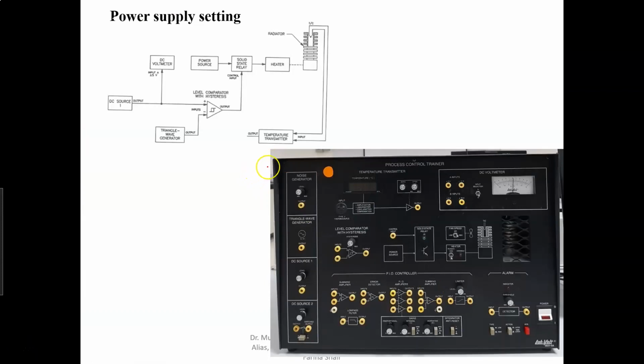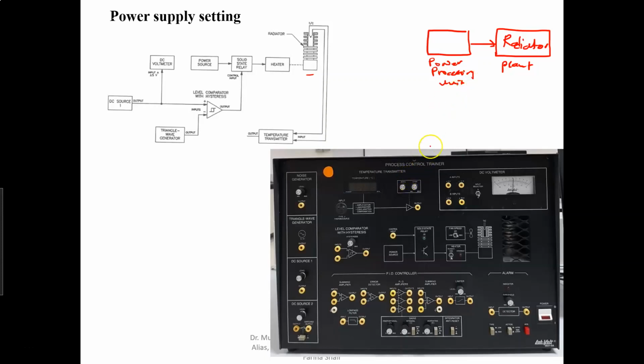This slide presents the open loop configuration. If you have the lab sheet, you can observe the connection, where this connection is the open loop configuration, and our plant is the heater. So our plant is a radiator. We have a radiator here, and this radiator is our plant, and we have the power processing unit.